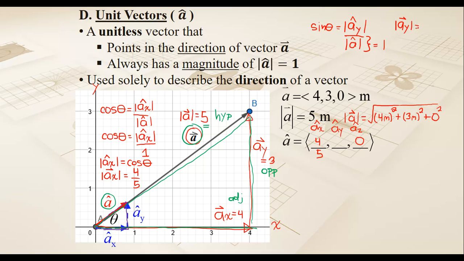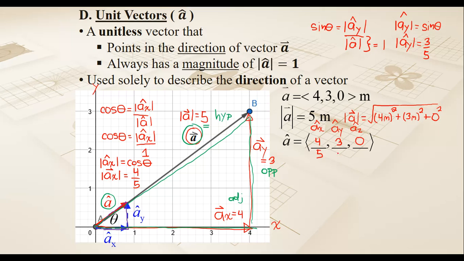Not Ay with the arrow, Ay with a hat, since we're looking at the magnitude of the unit vector. So that's just equal to sine theta. So what's sine theta equal to? Opposite over hypotenuse. The side opposite is 3, so that's 3 over 5.